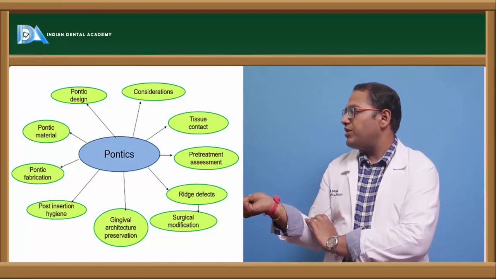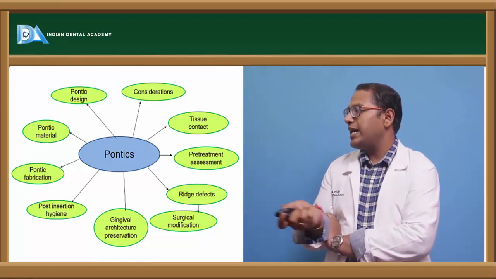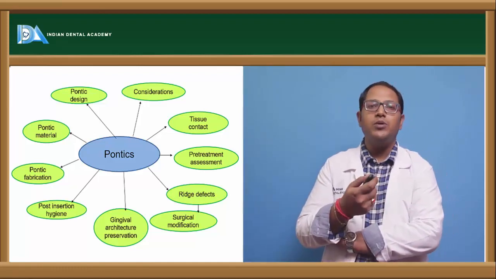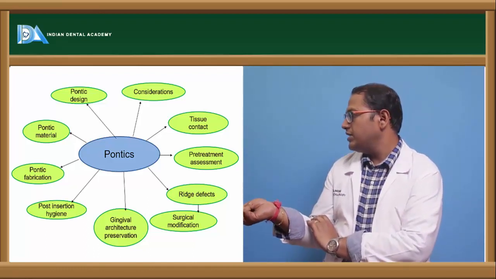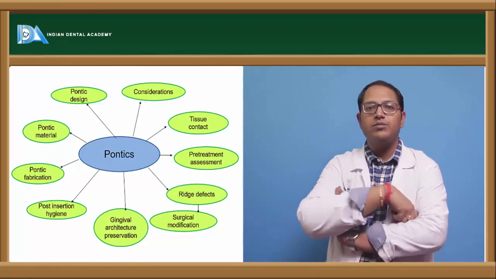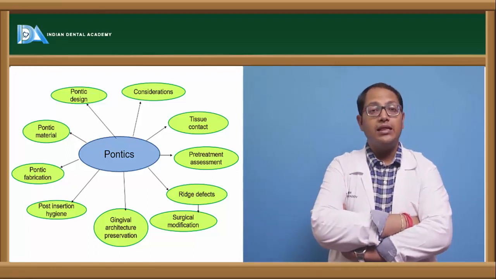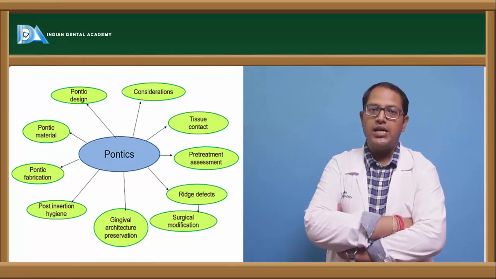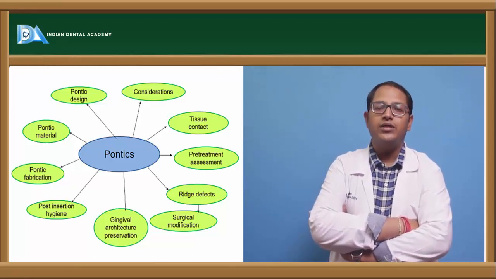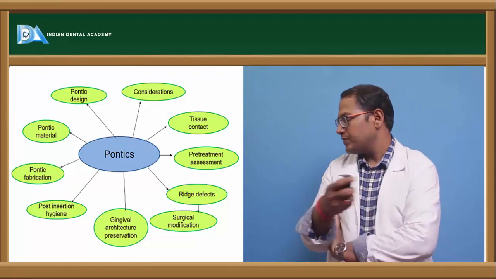So there can be pre-treatment assessments, tissue contacts and considerations, and most important among all of this, post-insertion hygiene, which is important again to maintain the health of the Pontic as well as the health of the underlying soft tissues and the sides of the abutment teeth.